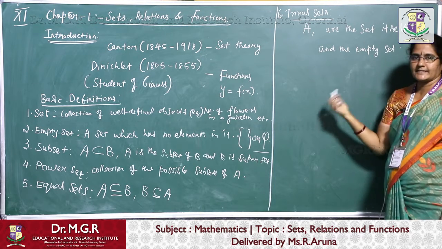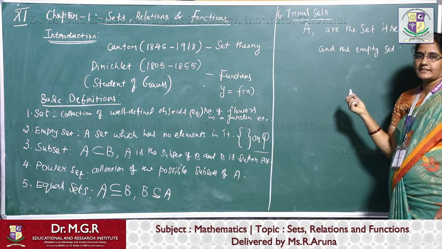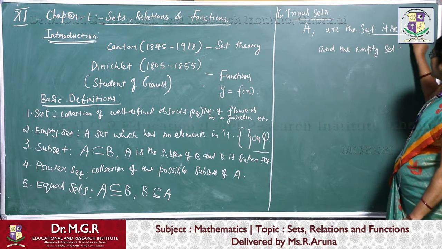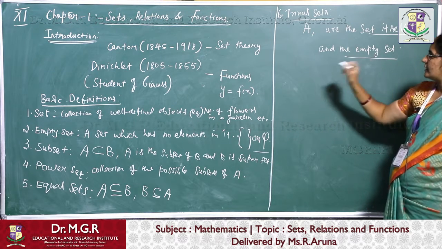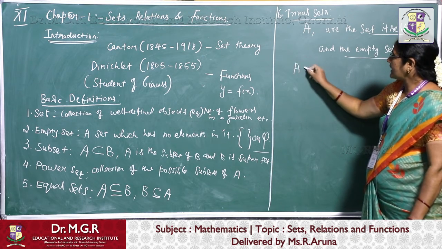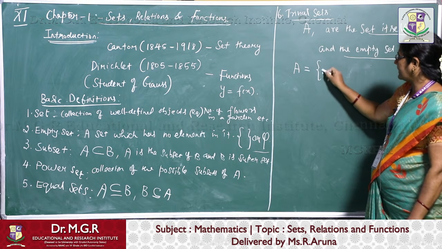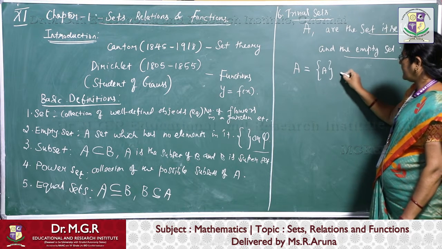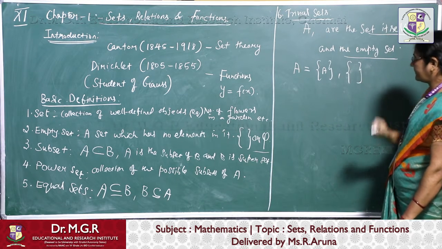So for any set, the trivial subsets are the set itself and the empty set. So the trivial subsets of A are A and the null set.